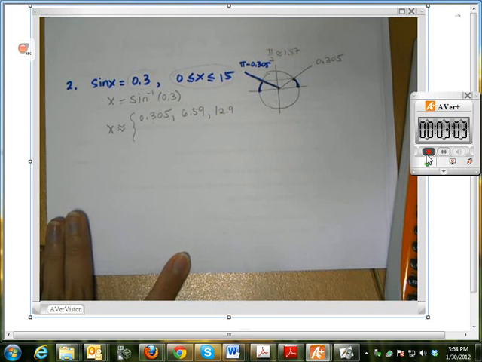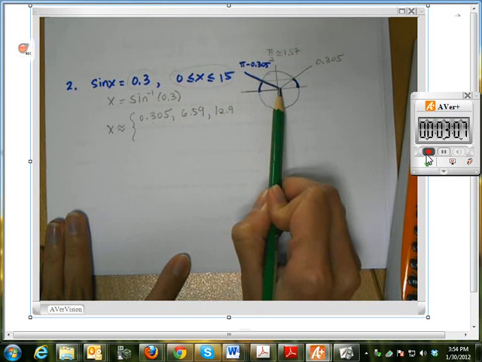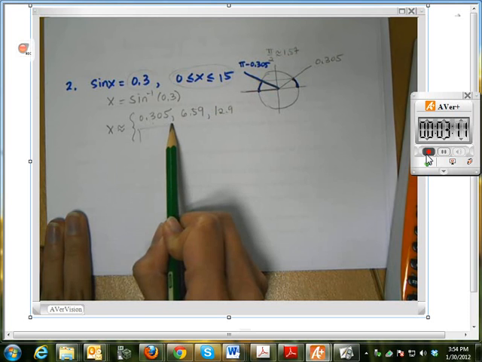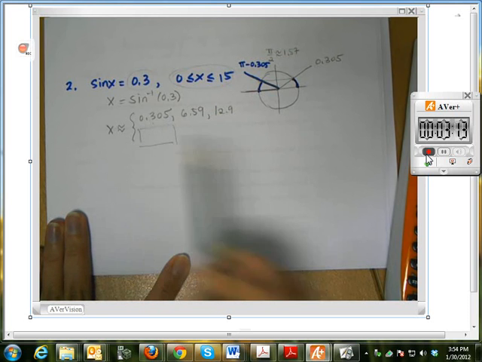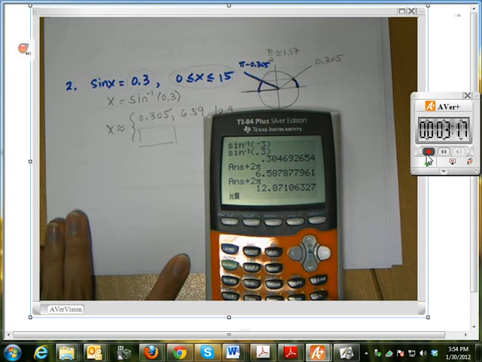Of course, I'm going to use exact values there. So the reason I know that is because all the way over to here, that's pi. So to find my other answer, which goes right here, I'm going to do pi minus 0.305.